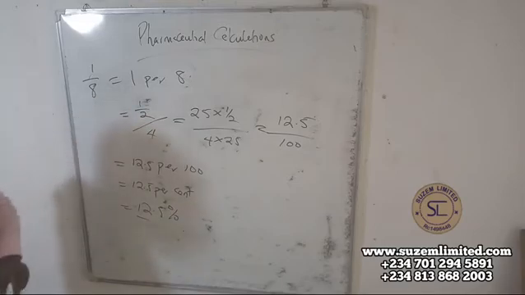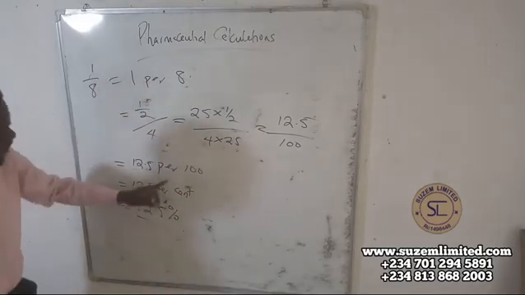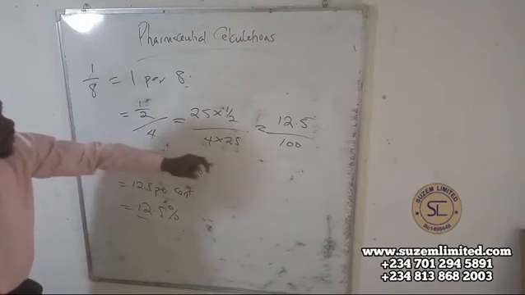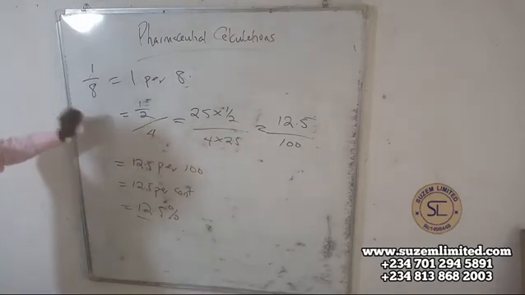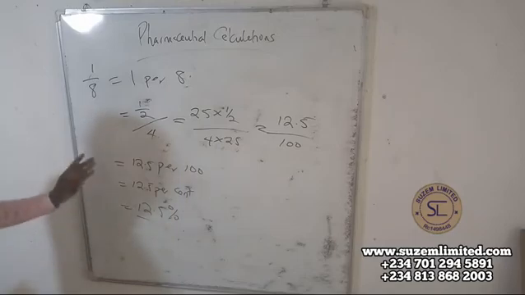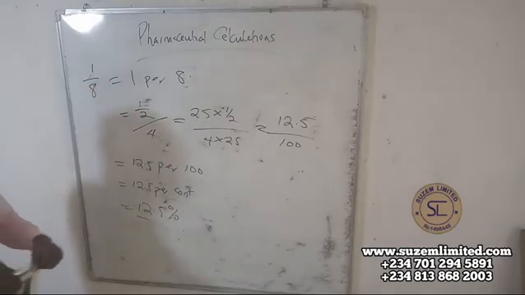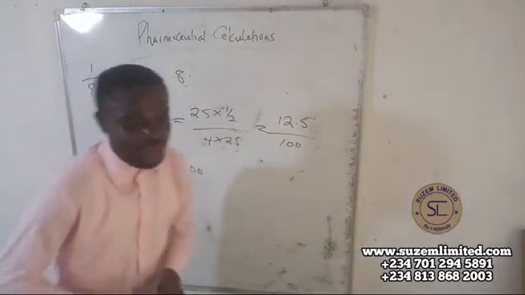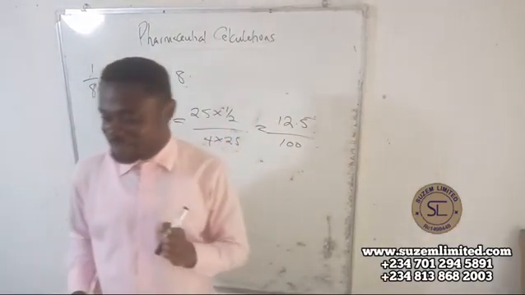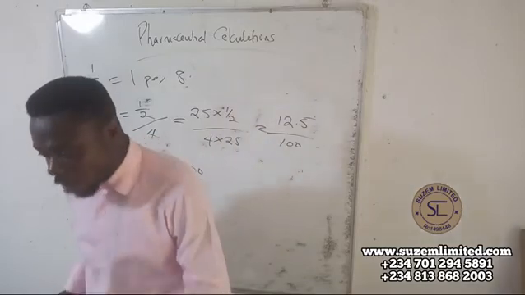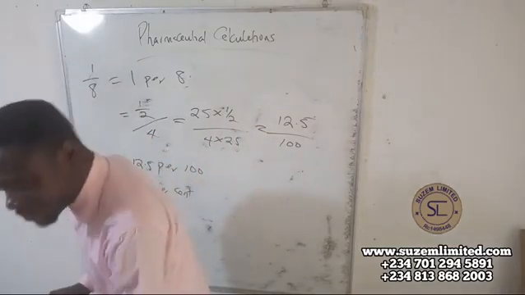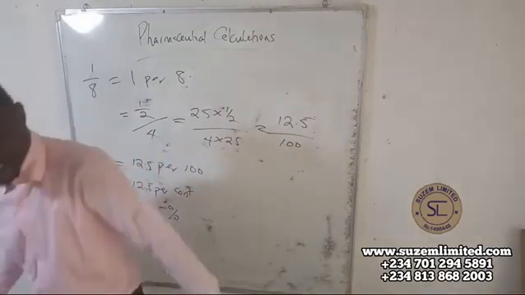This is the meaning of what they tell you, to multiply by 100% straight. This is where they did it, but it's step by step. They just summarize everything and tell you to multiply by 100%. So we have succeeded in knowing how to convert a common fraction to a decimal fraction to a percentage.